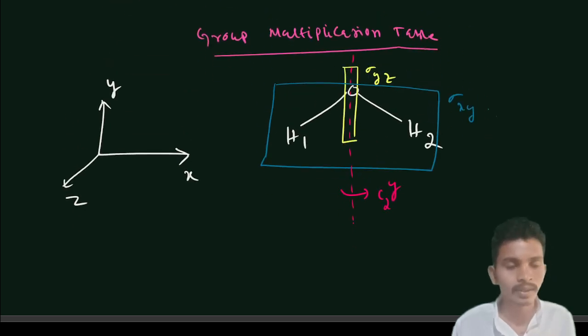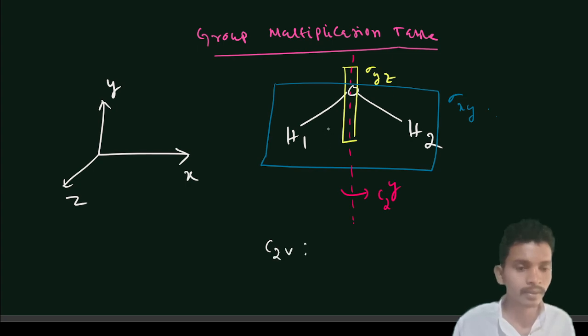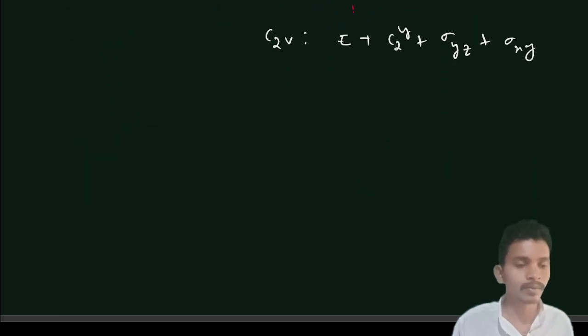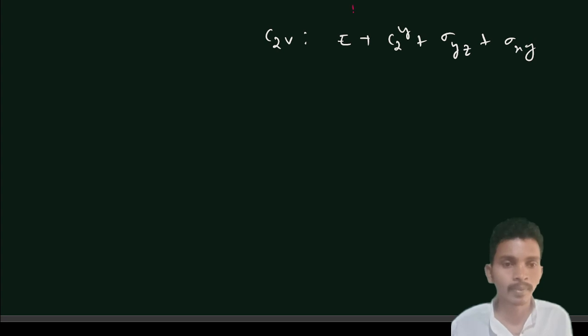So if we make the group table, in C2B what are there? First is E, then C2y, then we have sigma yz, and we have sigma xy. Okay, so we will make the table.